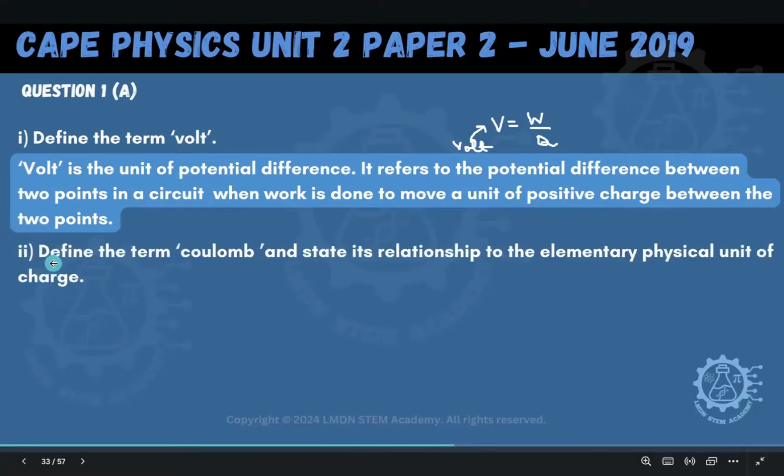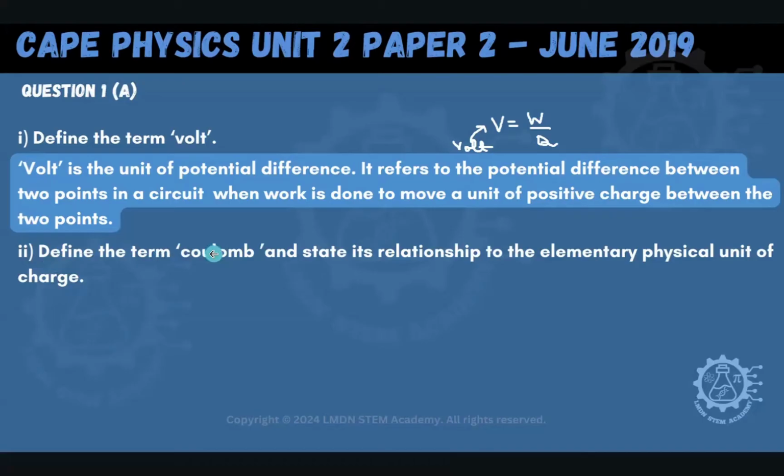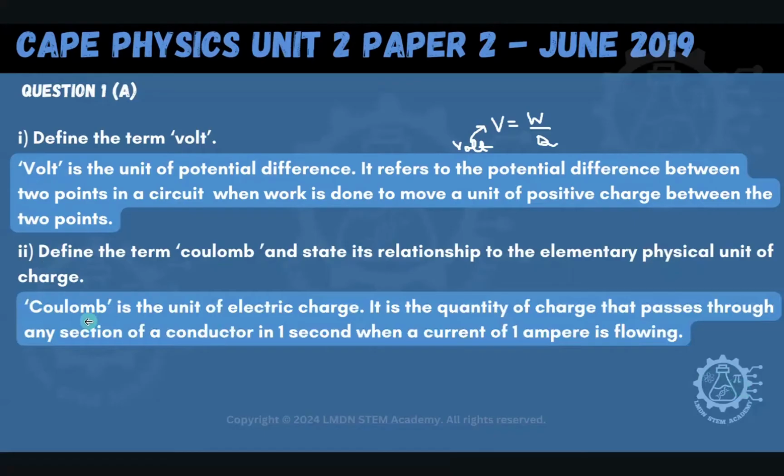For part 2, we're being asked to define the term Coulomb and state its relationship to the elementary physical unit of charge. So the Coulomb is the unit of electric charge. It is the quantity of charge that passes through any section of a conductor in 1 second when a current of 1 ampere is flowing. And so that would be 1 Coulomb, right?